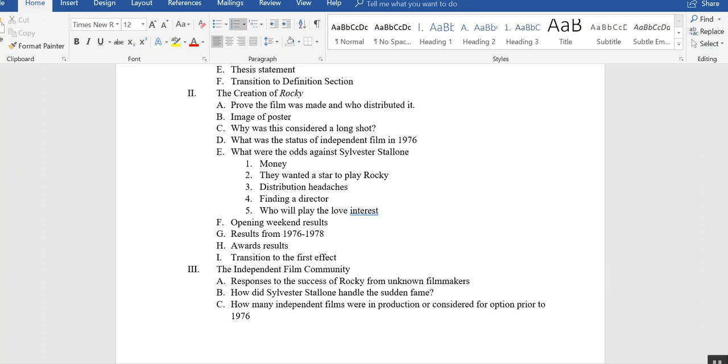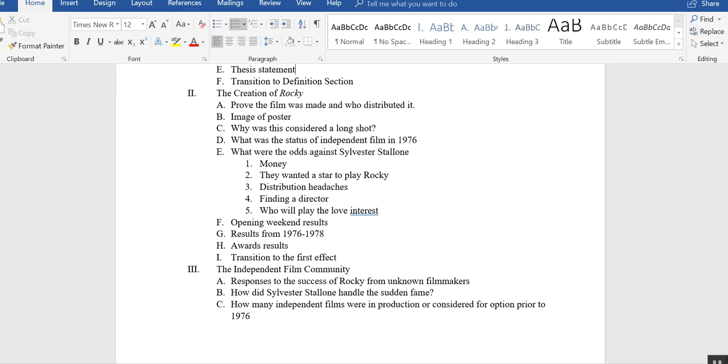Okay. Then I'm going to put down what the results from 76 to 78 were. The awards results, when a film wins Academy Awards, it's covered with gold glitter, fairy dust. And so it certainly was.